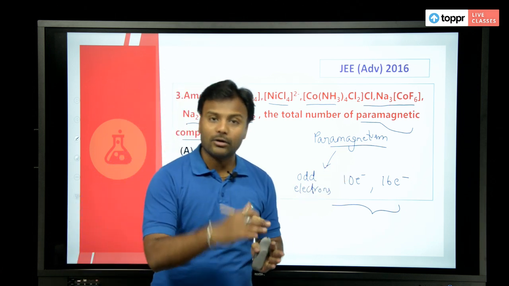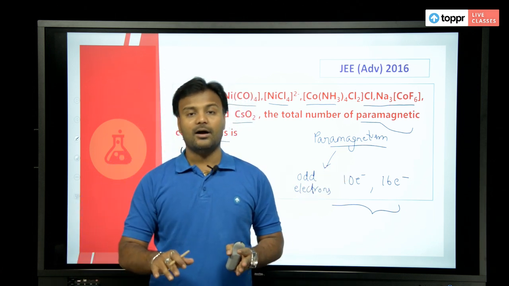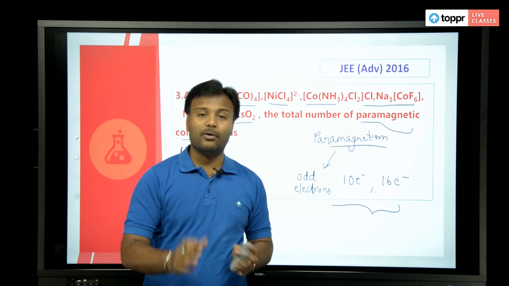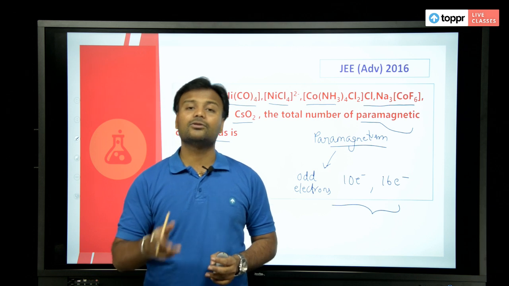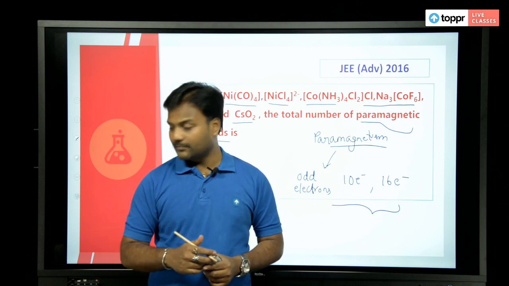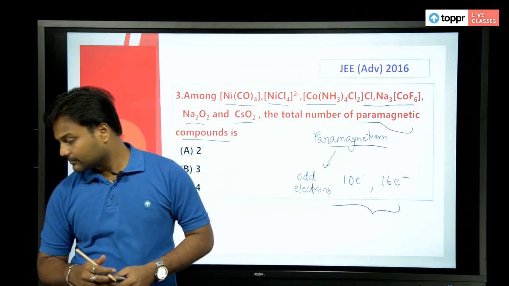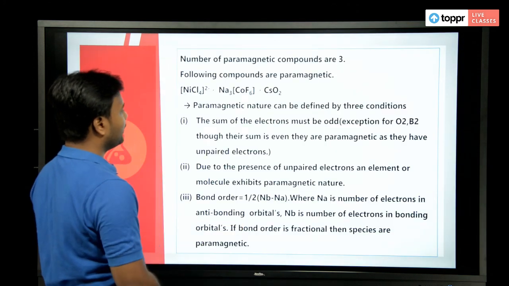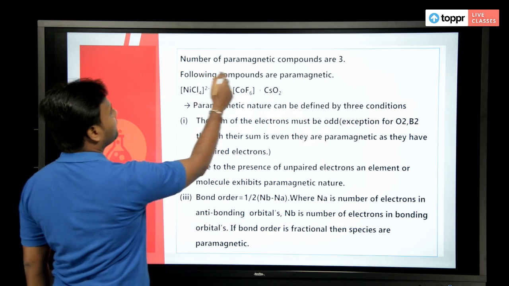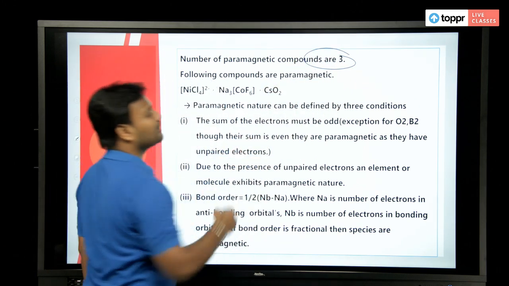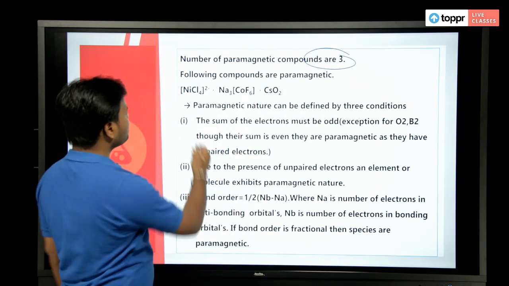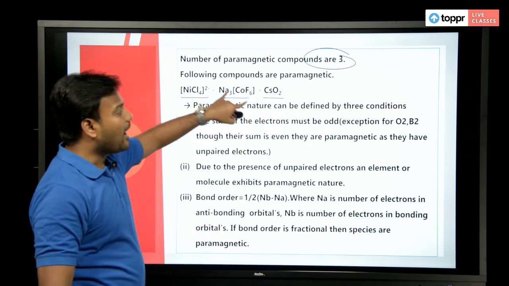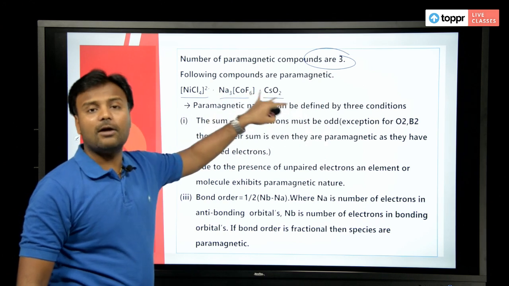Based upon the bond order, you can also remember that bond orders with fractions are also paramagnetic in behavior, right? Look at this. I have a number of compounds, these 3. How do you find out whether these compounds are paramagnetic?